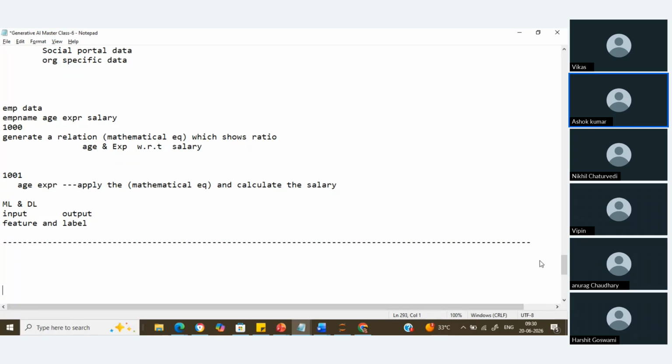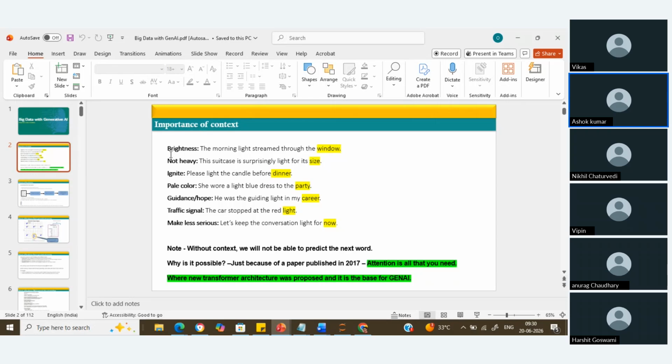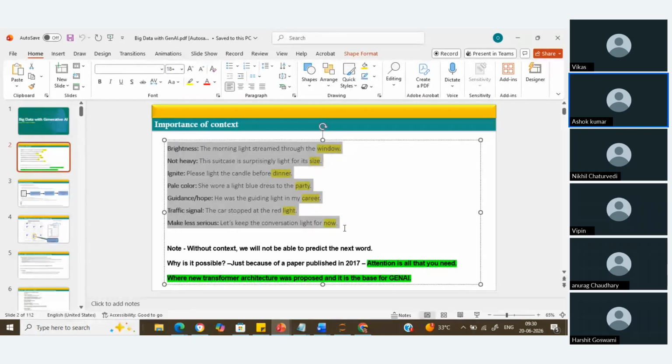So this is the attention and MLP. With the help of these examples, you will be able to get the insight into why we are able to generate new information. This is possible because of the Google research paper published in 2017, "Attention Is All You Need."